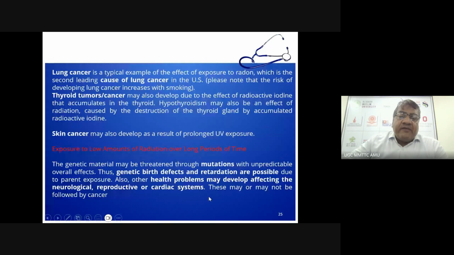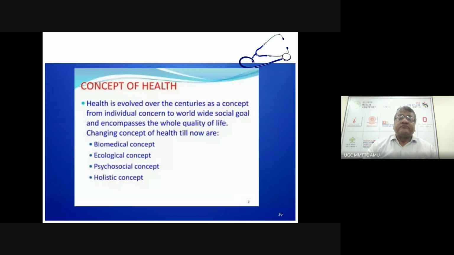It may also have an effect on other health problems, like neurological problems, reproductive problems or cardiac systems. And it may not be followed by cancer. So these are the harmful effects of the different types of pollutants.